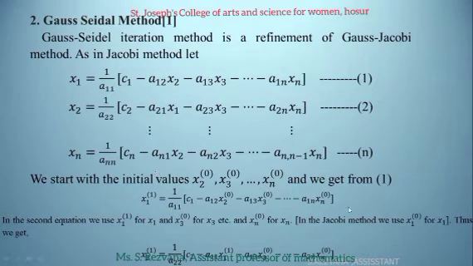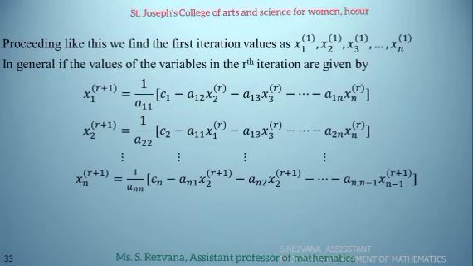Then I'm going to apply the iteration method using the initial values of x2, x3, up to xn, in equations 1, 2, 3, up to n terms. Proceeding like this, we find the first iteration values as x1, x2, x3 up to xn.